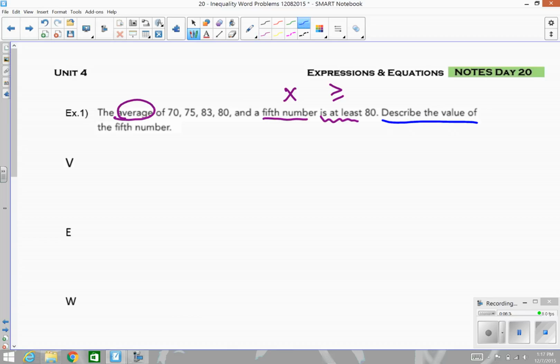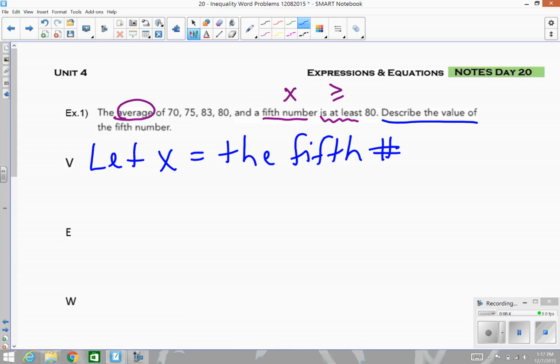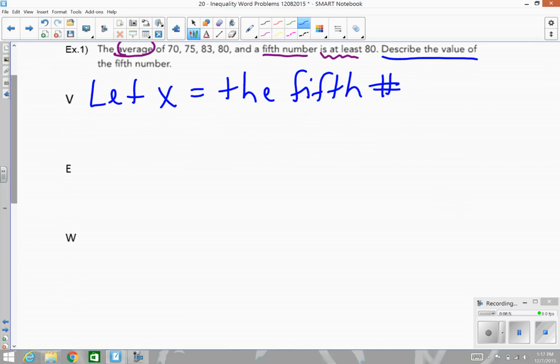Describe the value of the fifth number. So that's going to be our variable because that's our unknown quantity. So let x equal the fifth number. And then we discussed a moment ago, to find the average, we add them all up.